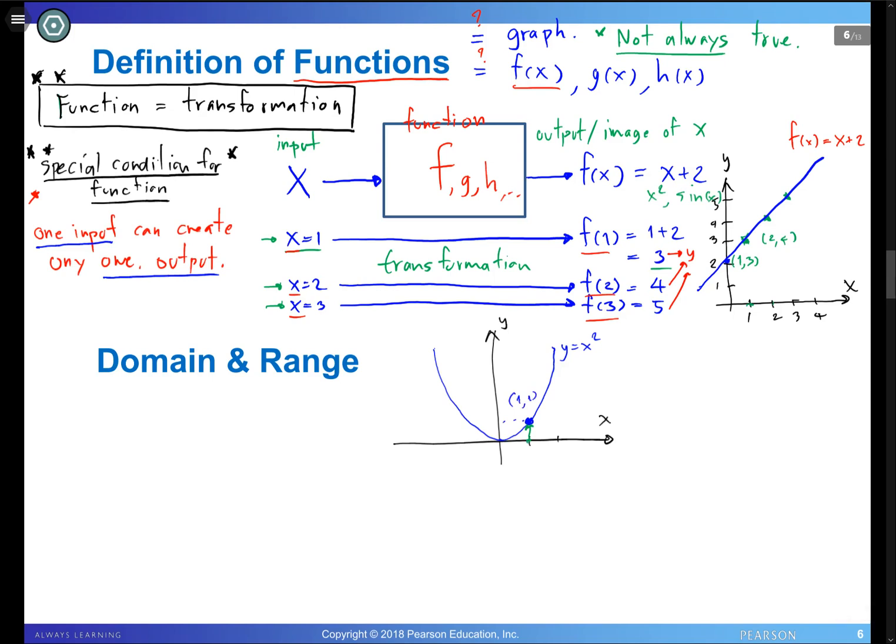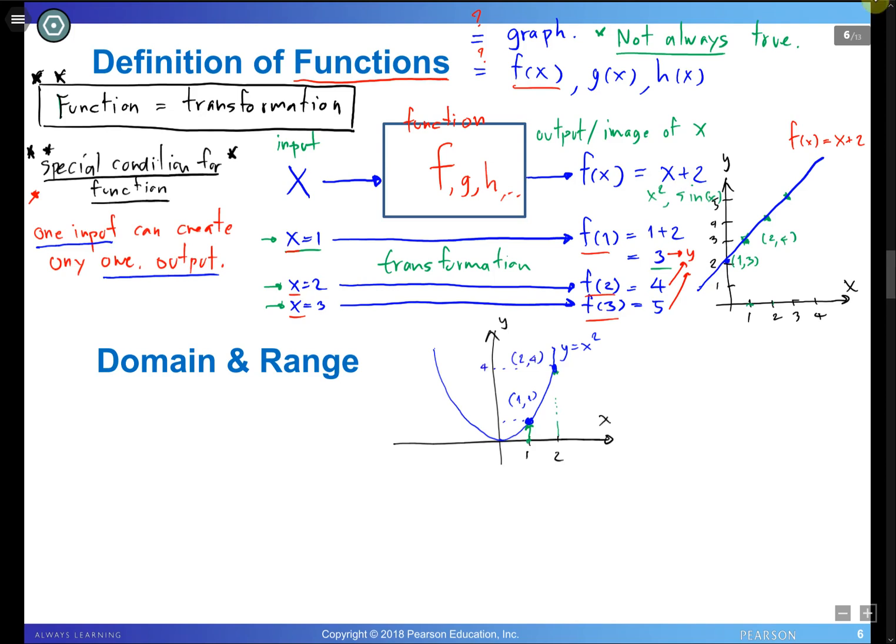So no problem. What about x equal to 2? Okay, this one, x equal to 1, and this, x equal to 2. I'm going to start at x equal to 2, and let's find the output of x equal to 2 according to y equal to x squared. So I'm going to follow this and find the point along the curve, and I got to this point. Alright, so at this point, it happens at y equal to 4. So this is the coordinate (2, 4).